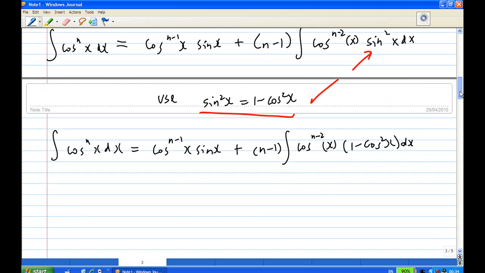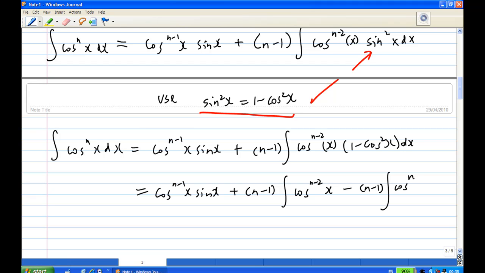Now when I multiply them inside, I get cosine power n minus 1 x sine x plus n minus 1 integral of cosine power n minus 2 x, minus n minus 1 integral of cosine power n x.